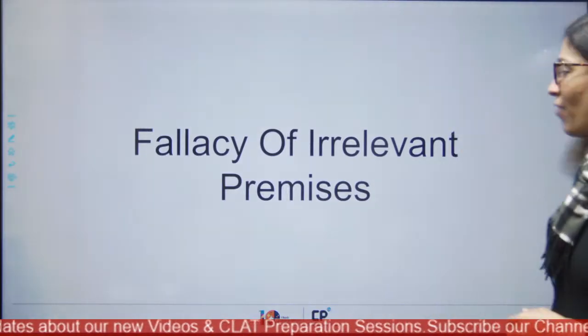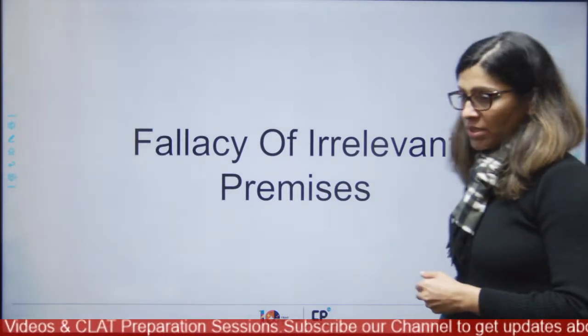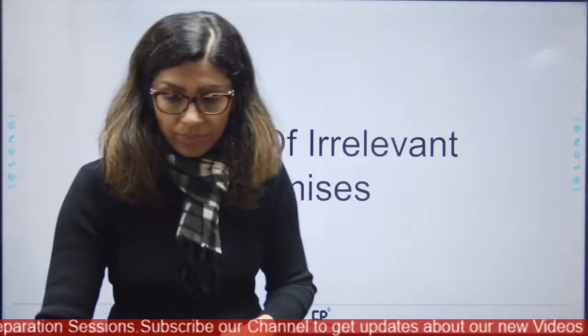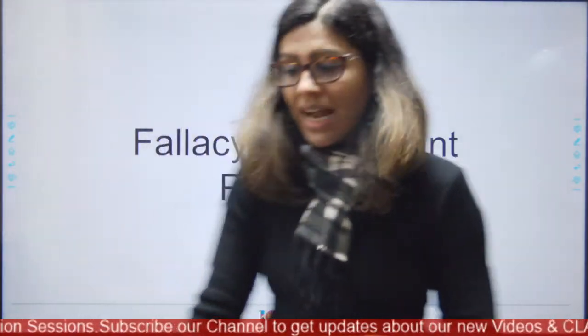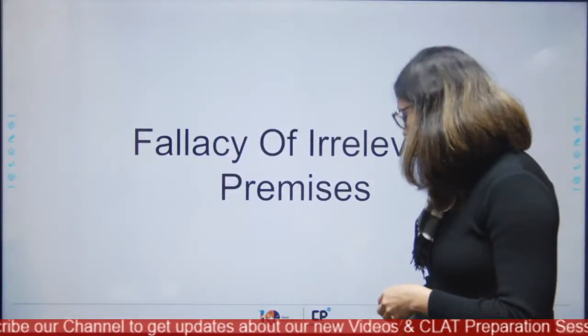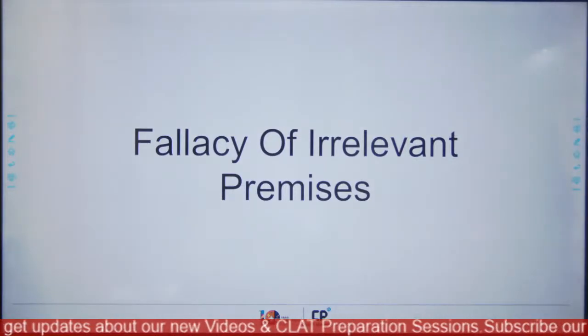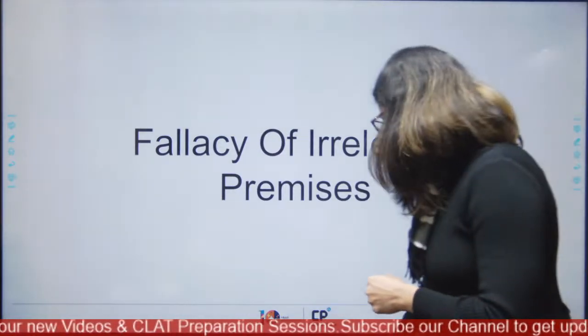And then we come to fallacy of irrelevant premises. Great. So everyone is aware of these and I can see lots of yeses. That means we can move to the next category and do some of the fallacies from here, which is fallacy of irrelevant premises.